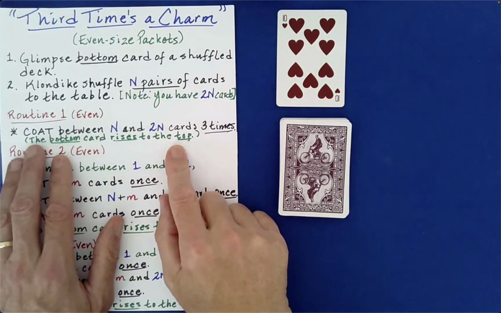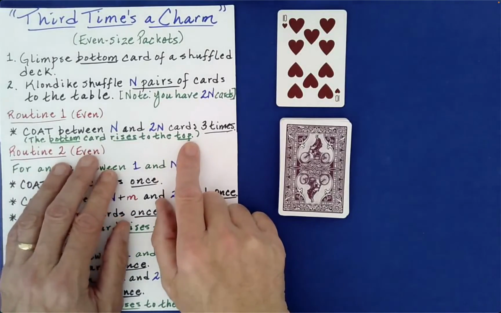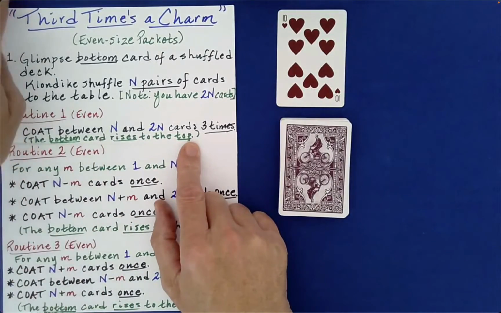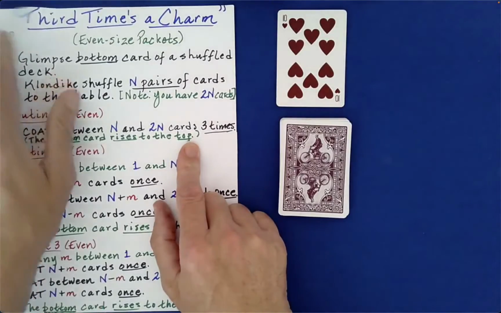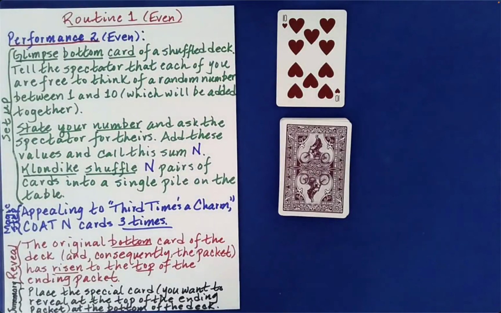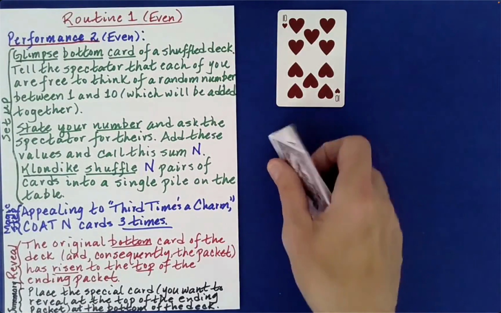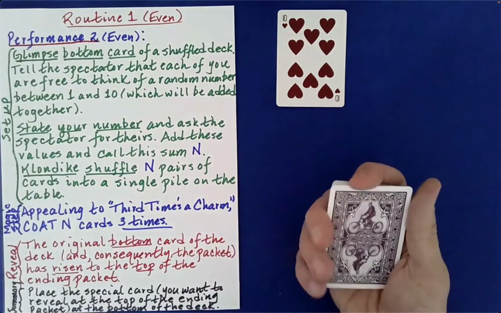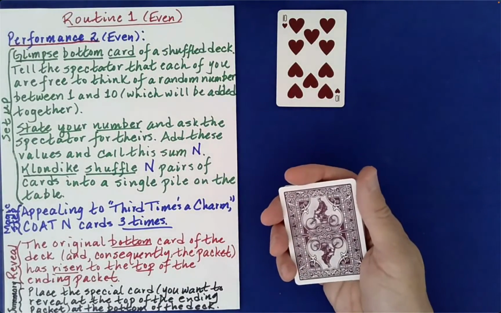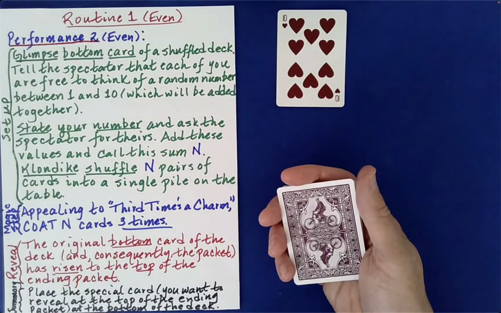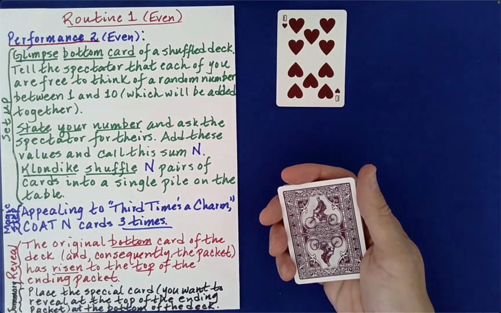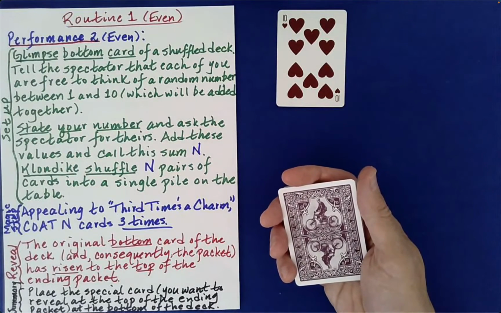The bottom card rises to the top. Isn't that amazing? So we don't have to actually just deal out 12 cards 3 times. We could have dealt out any number between 12 and 24 cards. So that could be another free choice that you give the spectator.